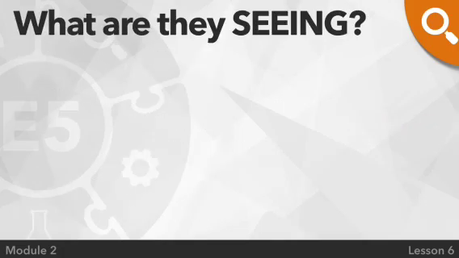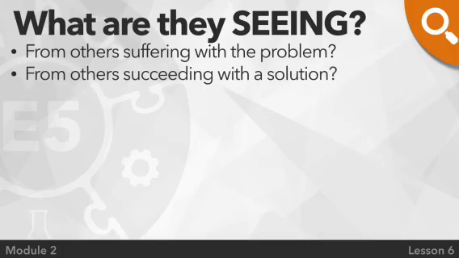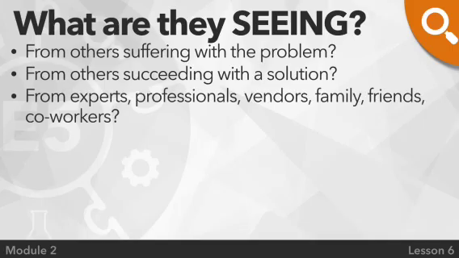First, what are they seeing? What are they seeing from other individuals, for example, that are suffering with the same problem that they're suffering with? What are they seeing from other individuals that are succeeding with a solution to the problem that they are struggling with? What are they seeing from experts, from professionals, from other vendors, companies, marketers, entrepreneurs? What are they seeing from family members, friends, coworkers, right?